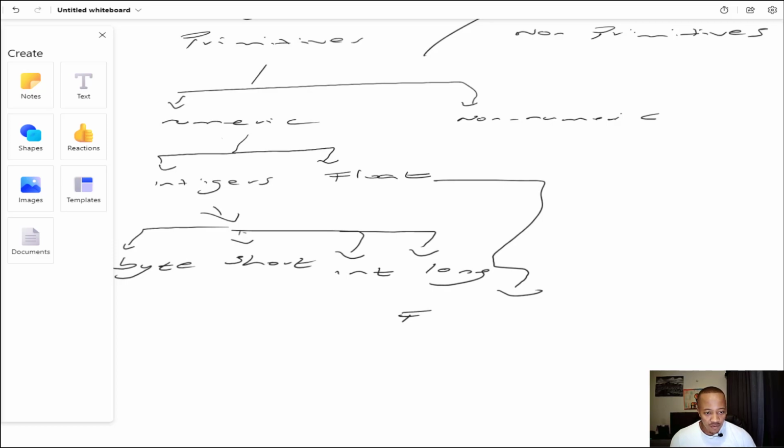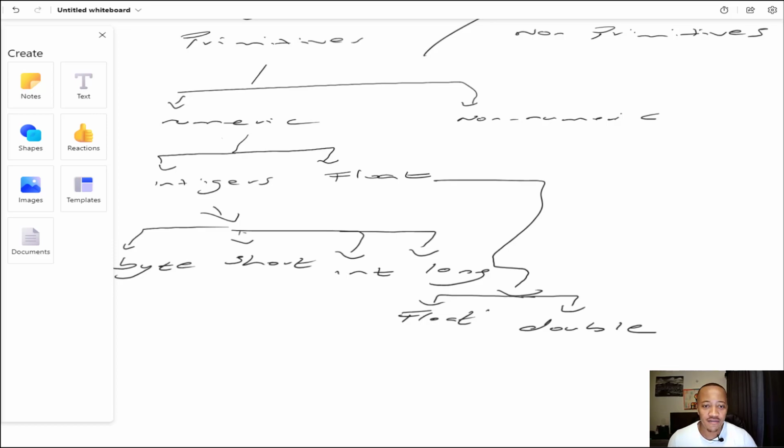We have float, and we have your double. Okay, these are our data types for numerical values.